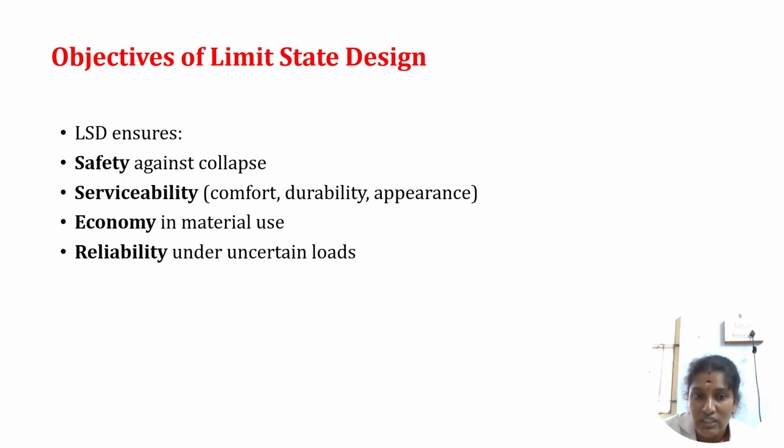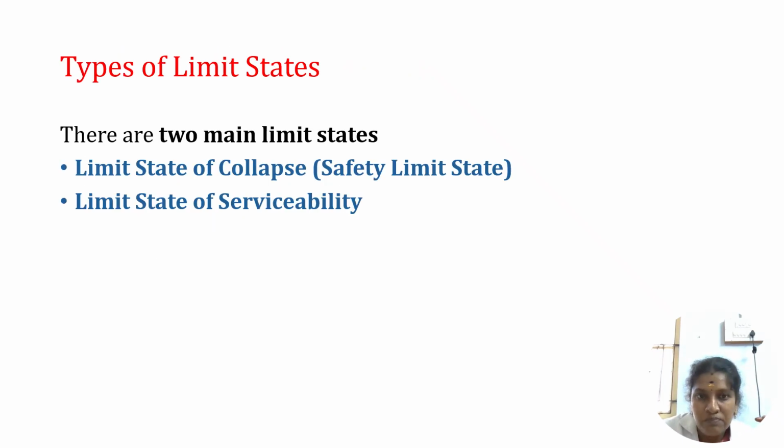This is the main objective: limit state design should ensure safety against collapse, serviceability, and economy also. Why is it called economical? Because it uses the ultimate tensile strength, right? So that is also for economical purposes and reliability under certain load. These are the main objectives of limit state design.